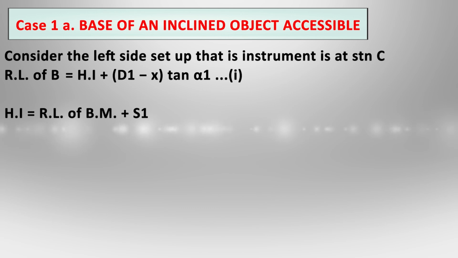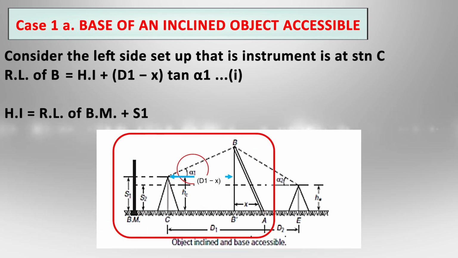So consider the left side of the figure setup, that is, the instrument is at station C. The height of instrument will be the RL of benchmark plus S1, that is the staff reading held at benchmark, and RL of point B would be height of instrument plus D1 minus X tan alpha 1.